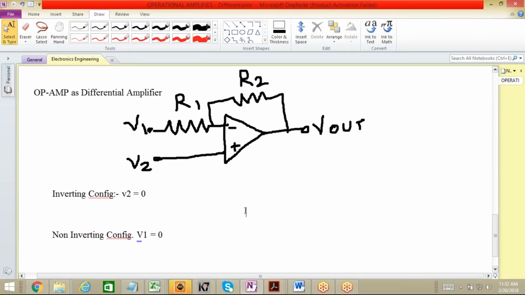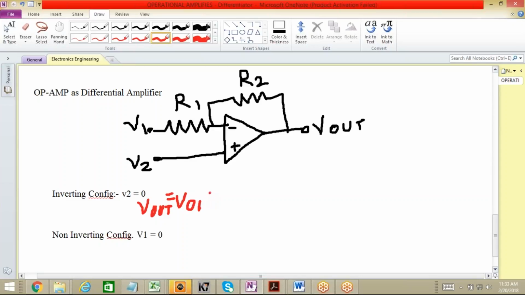Now let's see what happens in this case. In the non-inverting case, when V2 is set to 0, just as an example, let's say during this time the output is V01. We just assume it this way, V out equal to V01.